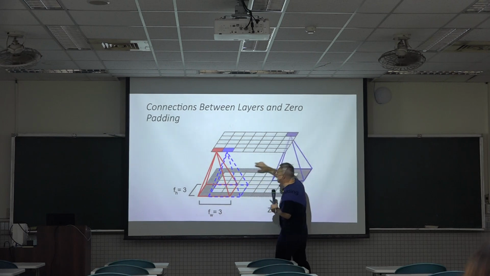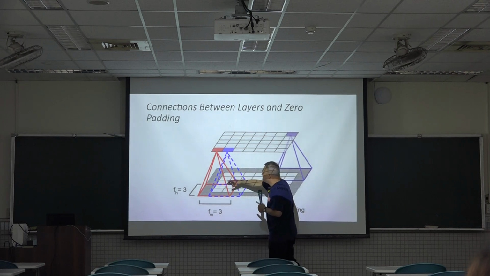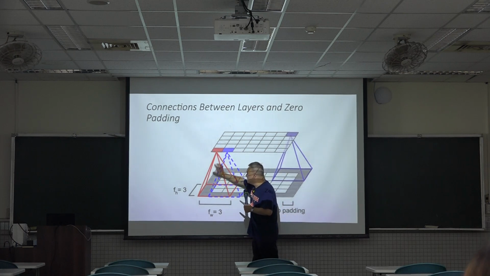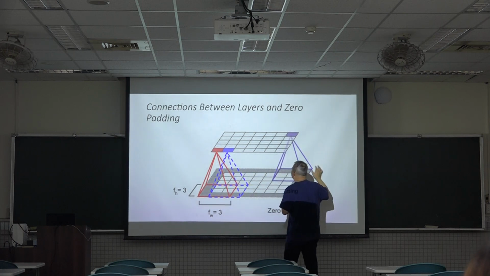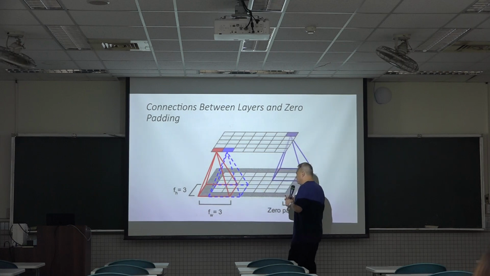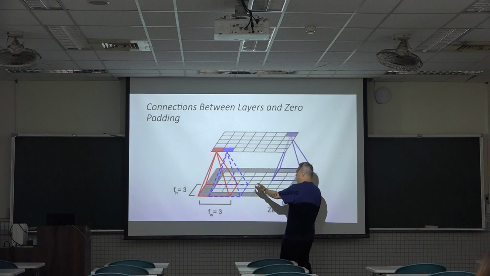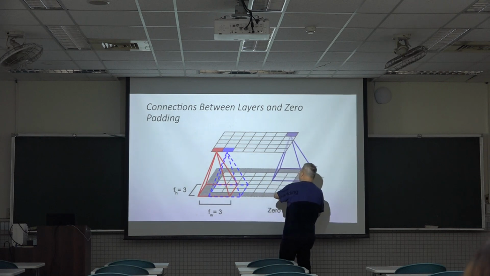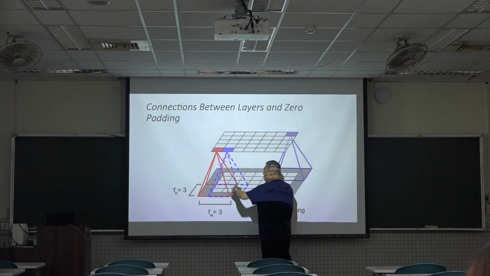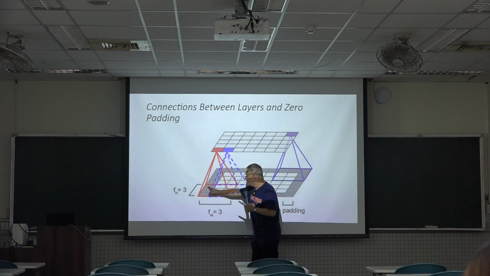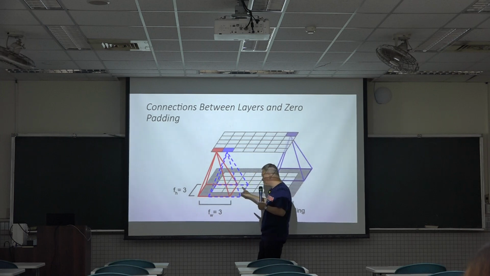Eventually you will see that it doesn't match, because obviously we need a bigger input for these two to match. But if you don't want to increase the input, we do the zero padding. So each of these neurons is connected to these 9 locations.